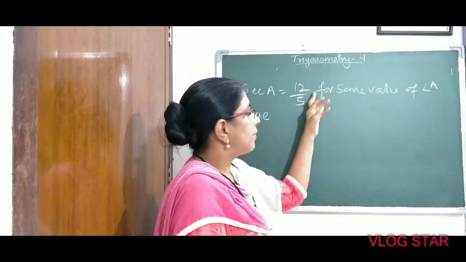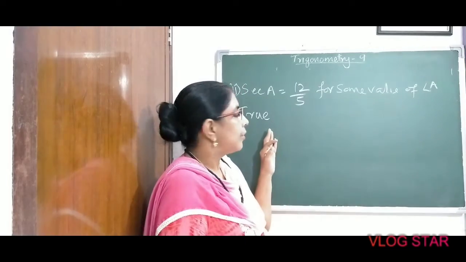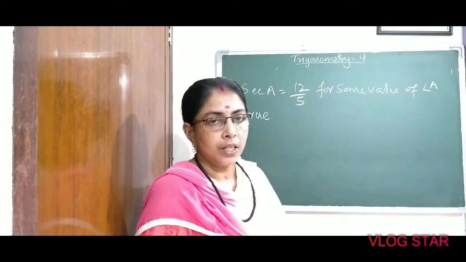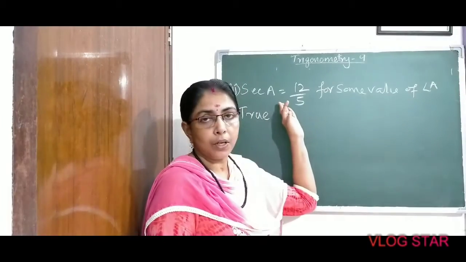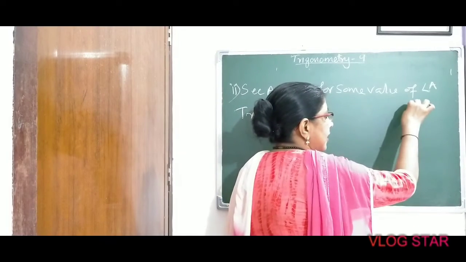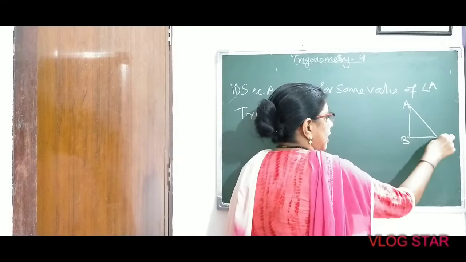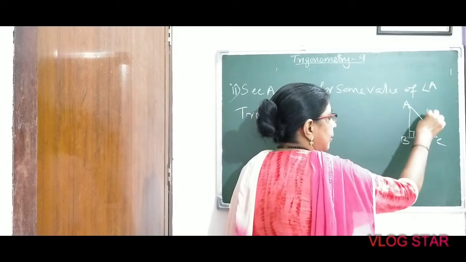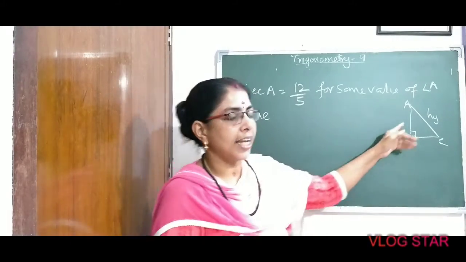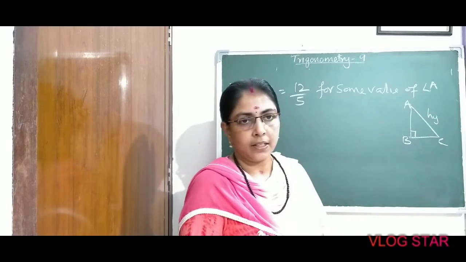Because we know that 12 by 5 is greater than 1. Let us check first. We know that sec is the reciprocal of cos A. Let us find out the cos value. In a right triangle ABC, right angle at B, the hypotenuse is AC, because in a right triangle the hypotenuse is the biggest side.